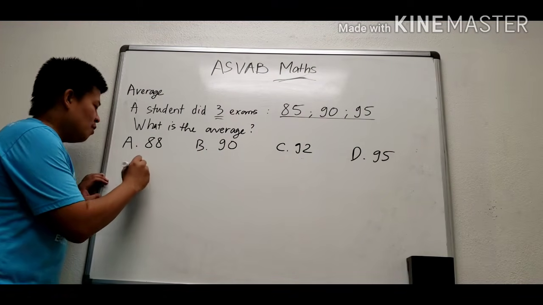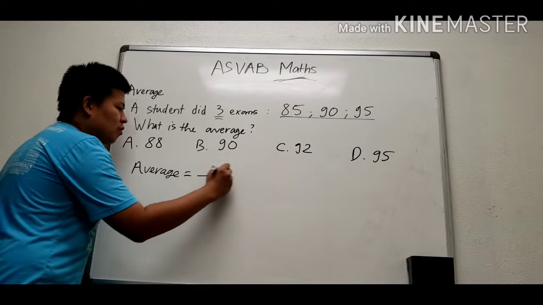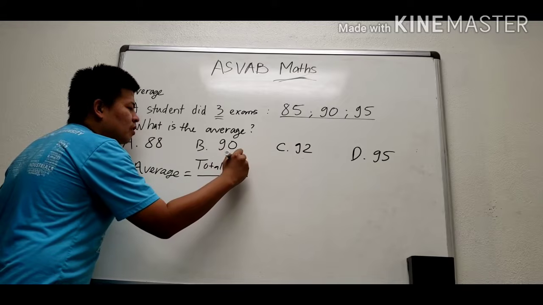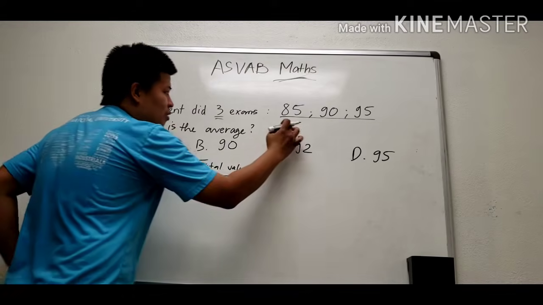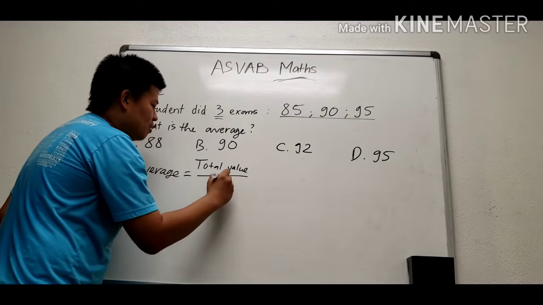So the formula for the average is the total value. This means we sum the 3 numbers on the test and divide by the total number of tests.